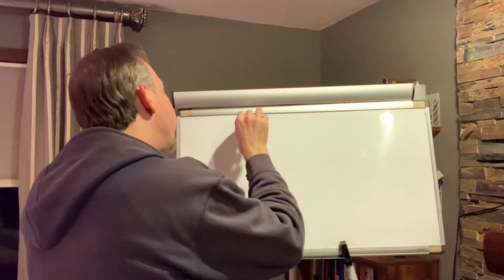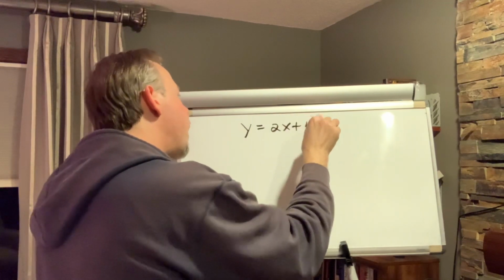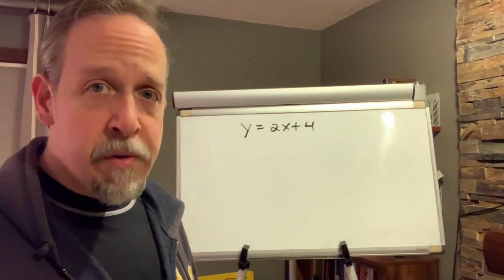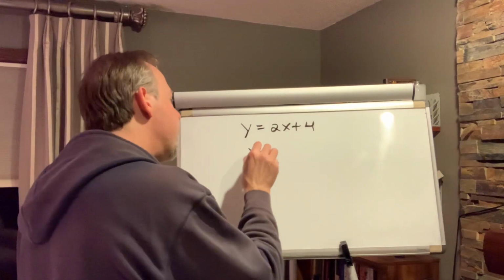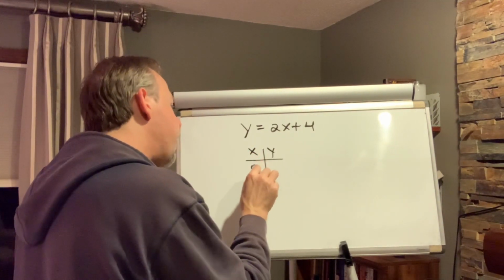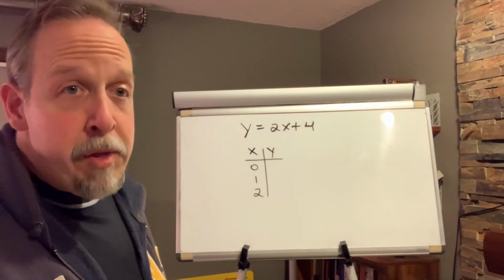I know that you guys understand that this is an equation, a nice, easy equation. We can plug in numbers for x and figure out what we get on y. It's not a problem. If I made a little table of values and I chose some inputs for x, I'm choosing to choose 0, 1, and 2. I'm going to plug them in and see what I get.